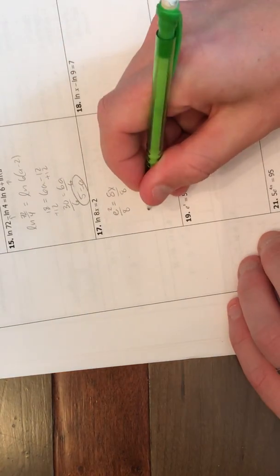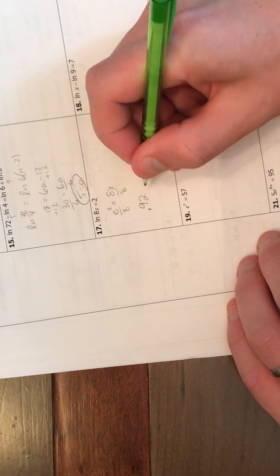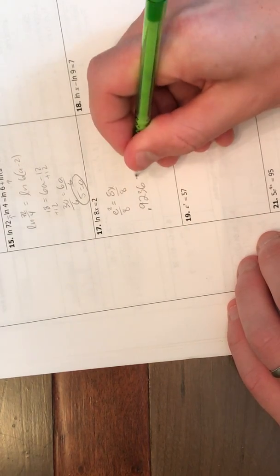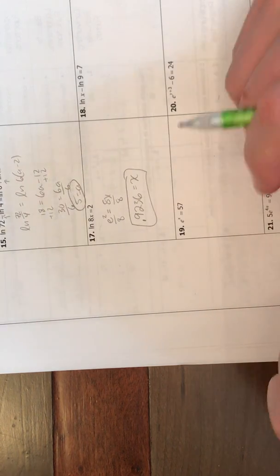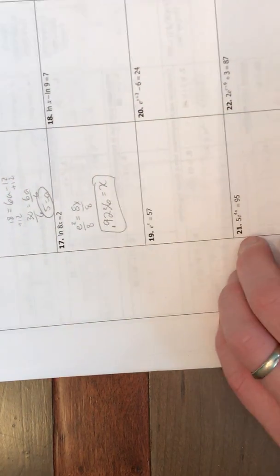So I got an answer of 0.9236. If you don't have a graphing calculator at home, go into Google and type in calculator, and it will give you the ability to raise e to any power you need to. Okay, so let's look at another one.